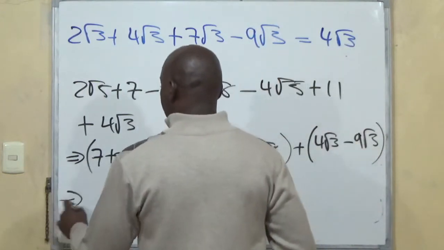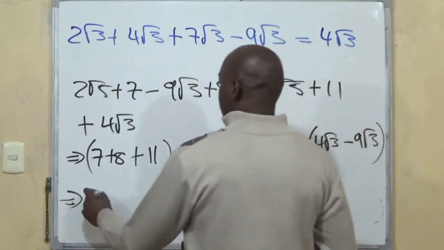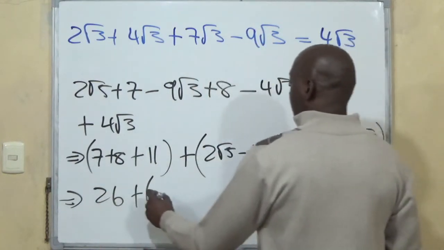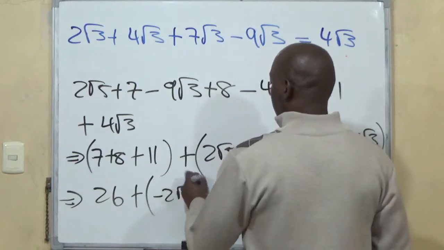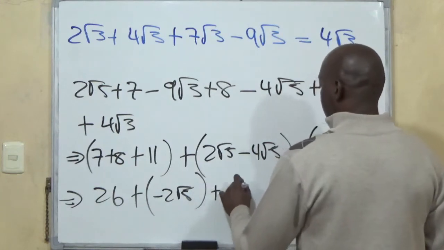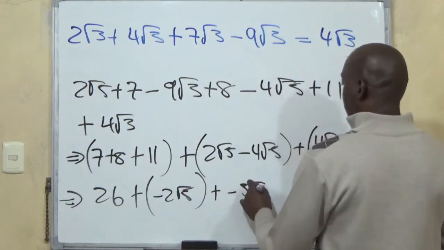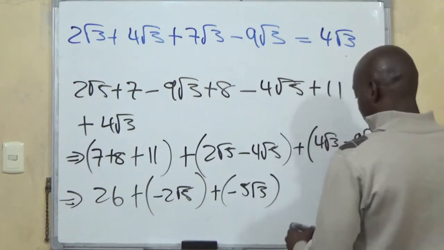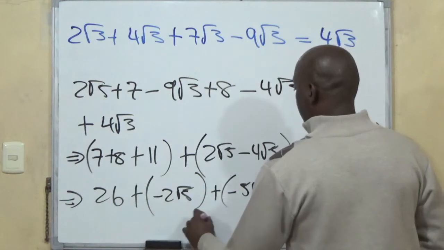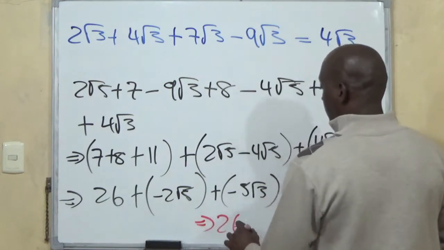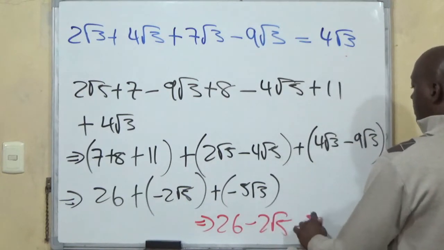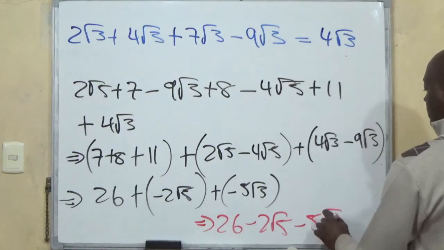And then we come again and we say 7 and 8 is 15 and 11 is 26. Plus, brackets again, 2 minus 4 is minus 2 root 5. 4 minus 9 is minus 5. Plus, minus 5 root 3. Which will give you, in the final analysis, 26 minus 2 root 5 minus 5 root 3.